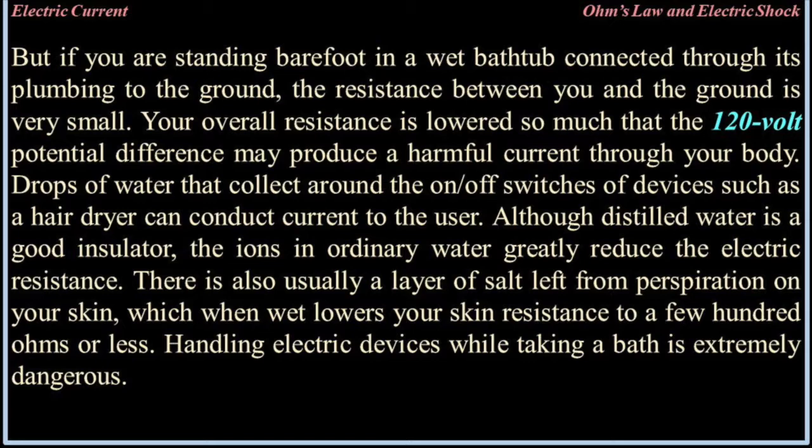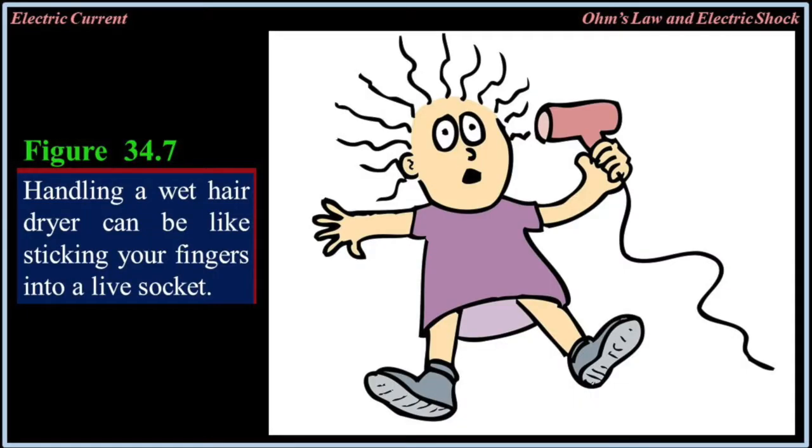There is also usually a layer of salt left from perspiration on your skin, which when wet lowers the skin resistance to a few hundred ohms or less. Handling electric devices while taking a bath is extremely dangerous. Handling a wet hair dryer can be like sticking your fingers into a live socket.